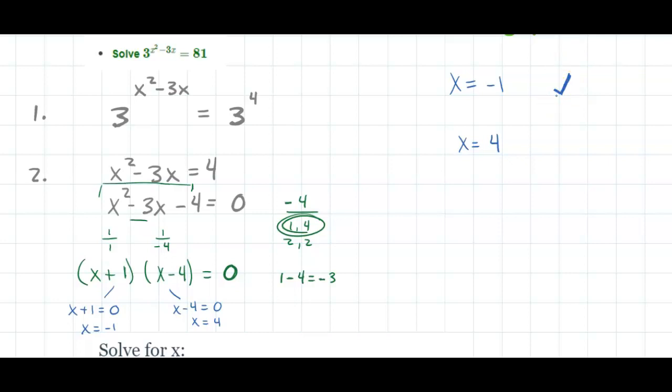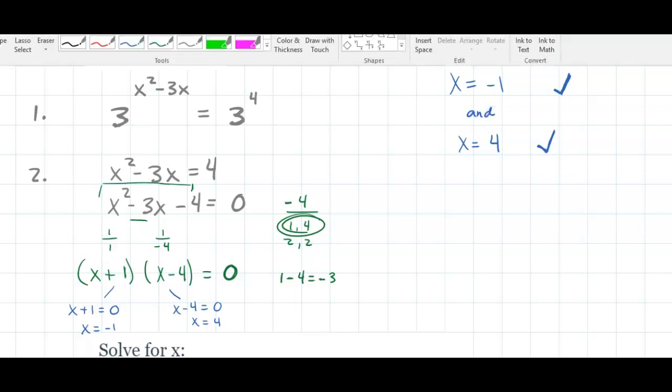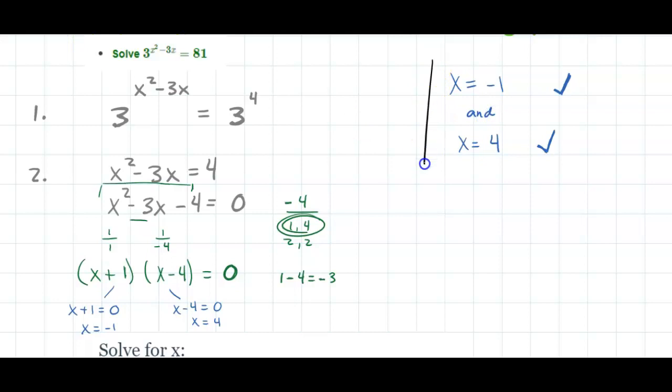So now I'm going to hit 4, store as x. And instead of retyping that same equation, I'm going to hit second, enter, and again I get 81. So these are both solutions to this equation. This equation has 2 solutions.